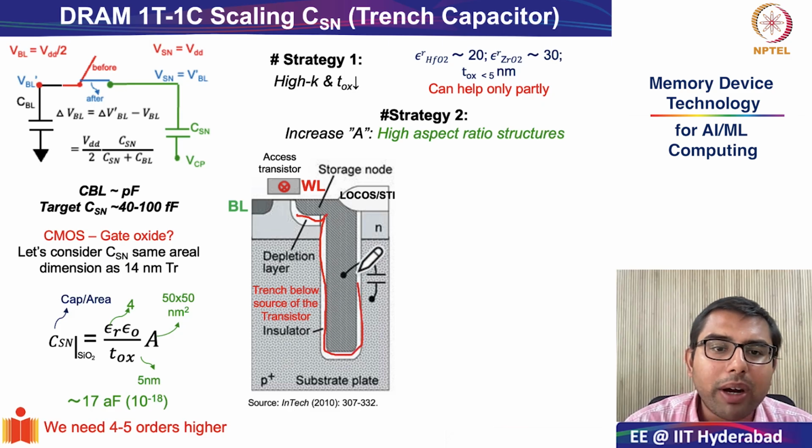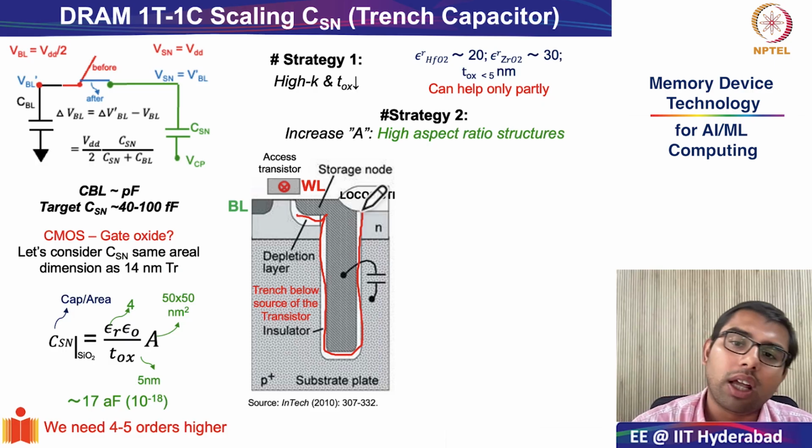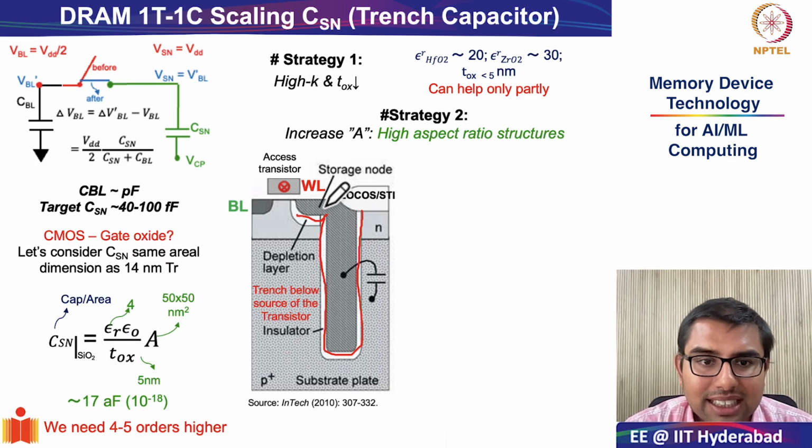This dielectric material generally is hafnium oxide, zirconia, titania, and so on. Sometimes you use several layers of these dielectric materials also so that you can reduce the leakage through the storage node capacitor.